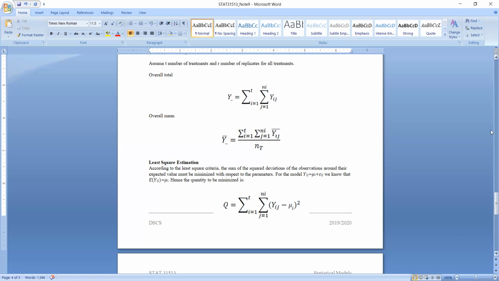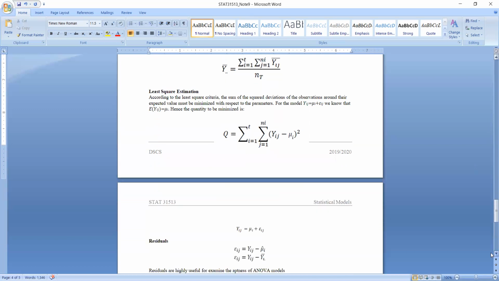Now, in this case, since our model is Yij equals mu i plus the error term, if you write an equation for the error term, you will have Yij minus mu i. Here, you can take the squared summation of all these errors.